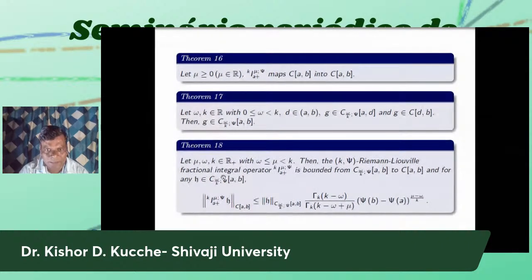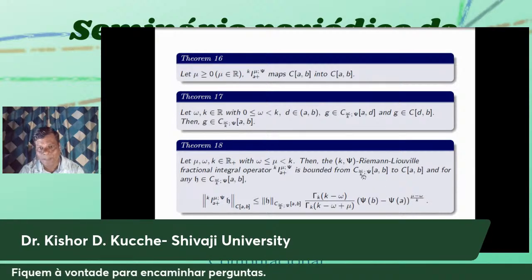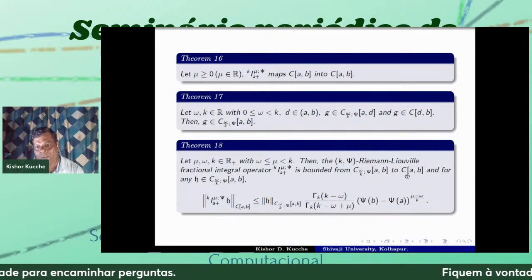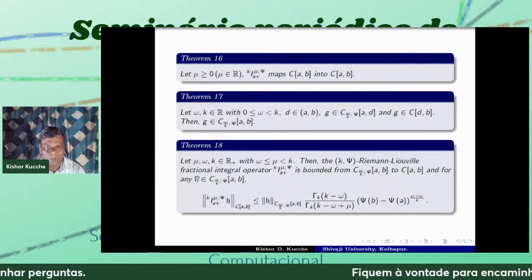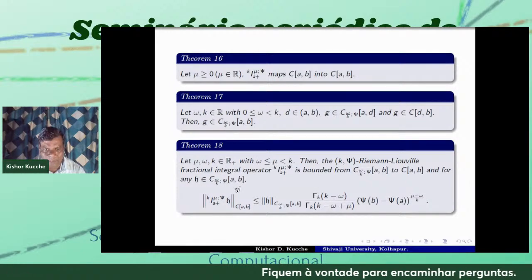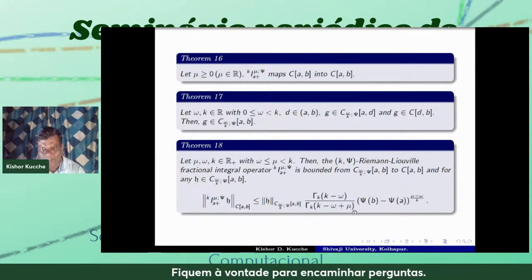This is another mapping property of the K-Psi Riemann-Liouville fractional integral. If mu, omega, k are positive real numbers, mu is between omega and k, then this K-Psi Riemann-Liouville fractional integral operator is bounded from this weighted space to the space of continuous functions defined on the closed interval AB. And for any function in this weighted space, this is the boundedness condition.